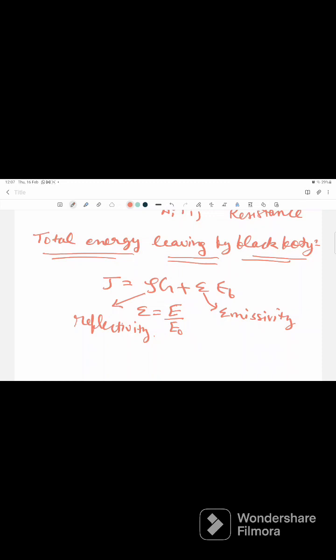There is a relation rho plus alpha plus epsilon is equal to 1. Reflectivity, absorbivity, emissivity.